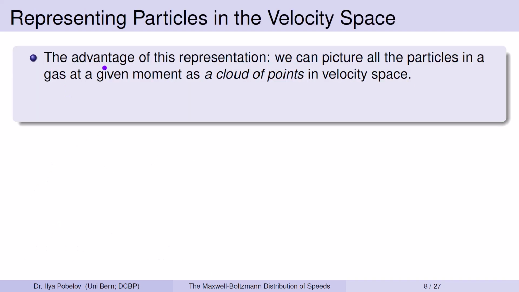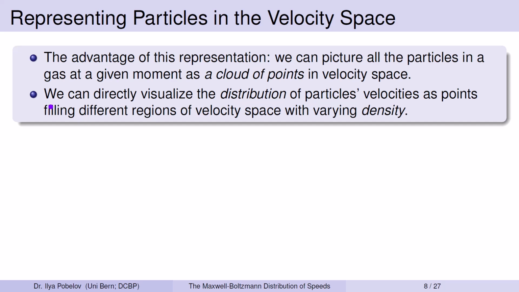The advantage of this representation is that we can picture all the particles in a gas at a given moment as a cloud of points in velocity space. In this way, we can directly visualize the distribution of particles' velocities as points filling different regions of velocity space with varying density.